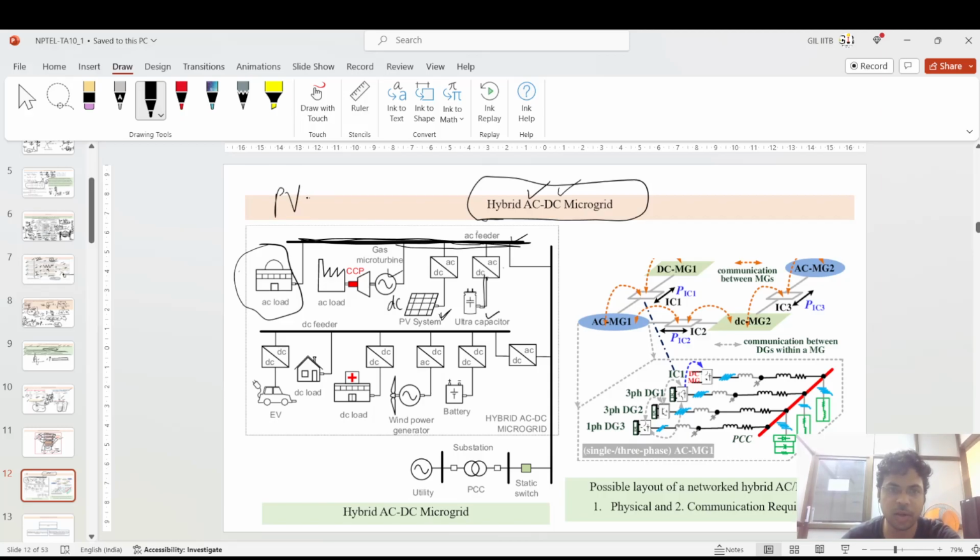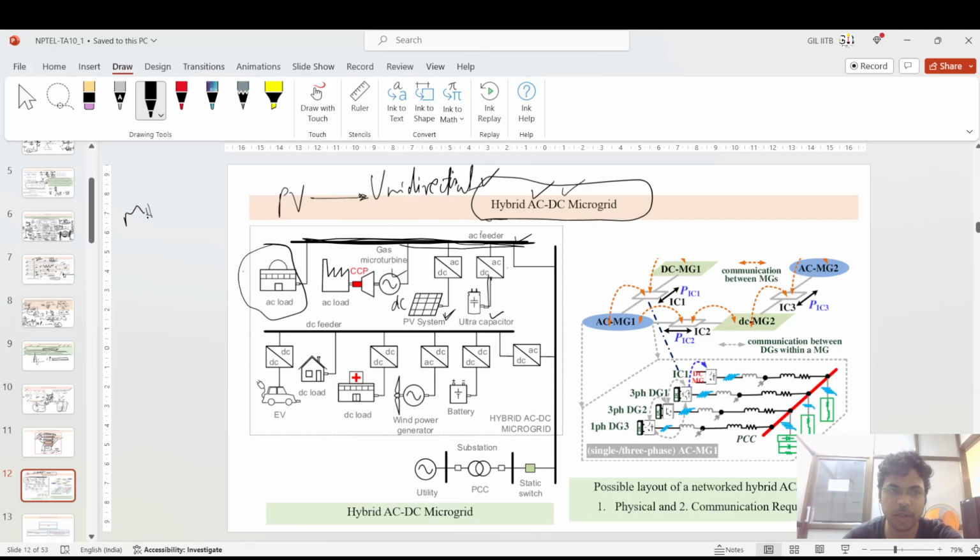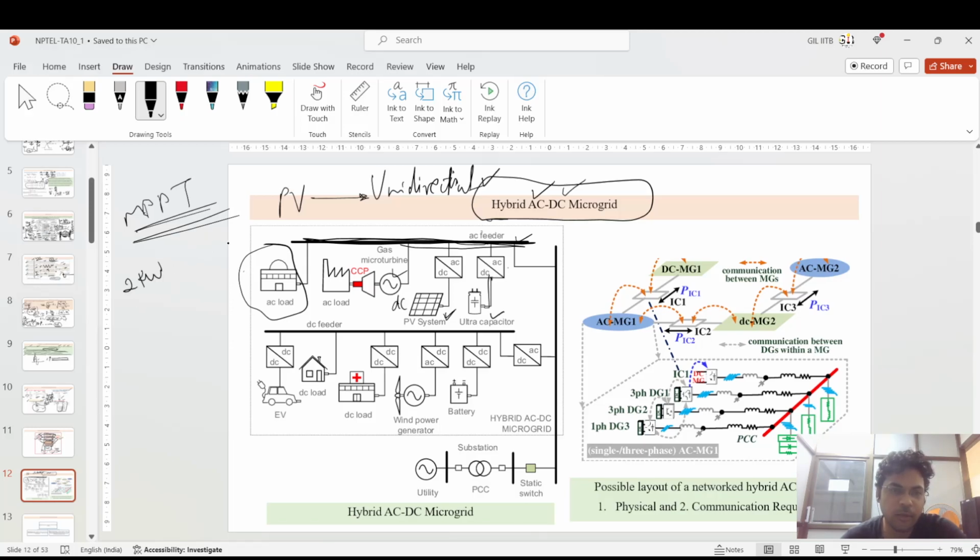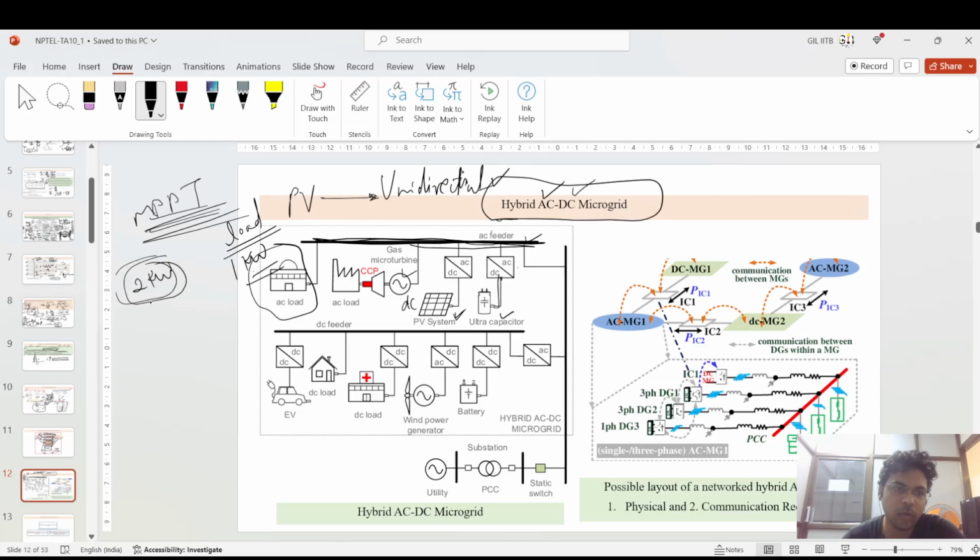The main thing to remember is that PV generation is unidirectional. Unidirectional power flow is only possible in PV generation. Also there is an MPPT, which I taught you in the previous tutorial sessions, and this MPPT is adjustable based upon the load. Suppose you have a PV generation of 2 kilowatt, but the connected load has only 1 kilowatt capacity to absorb.